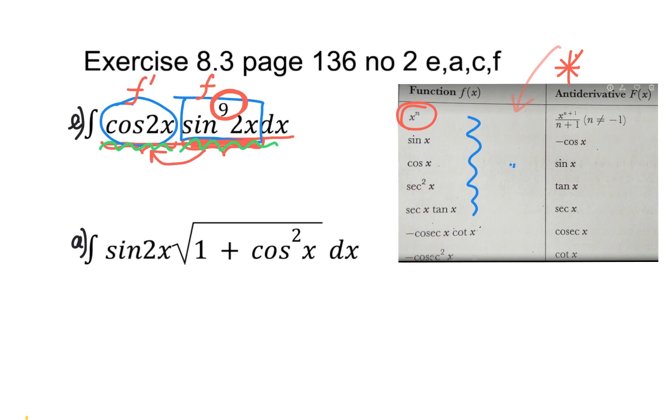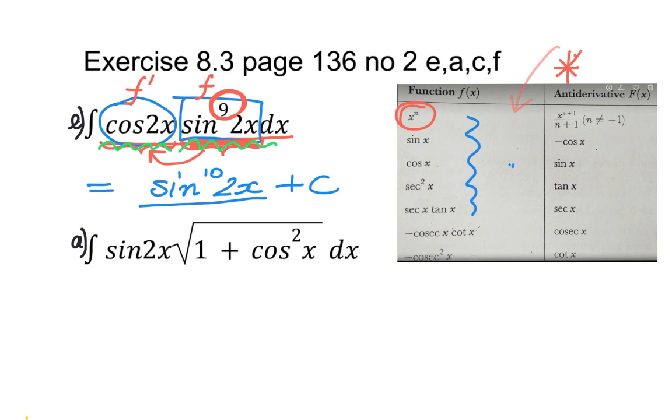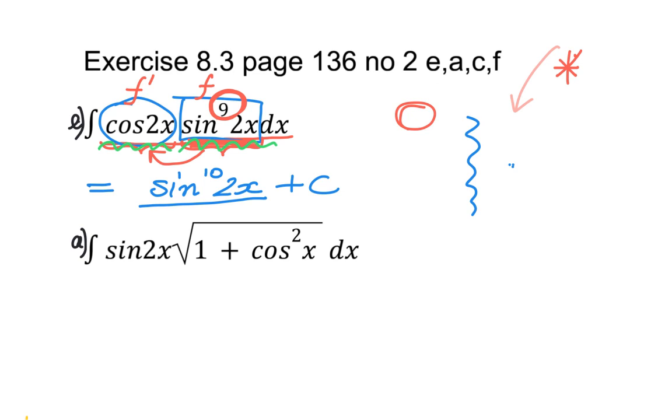If I have sine to the power of 9 of 2x, then I could start with sine to the power of 10 of 2x. Let's check what this derivative will be. Okay, let's remove the table. It's not going to be useful for us.